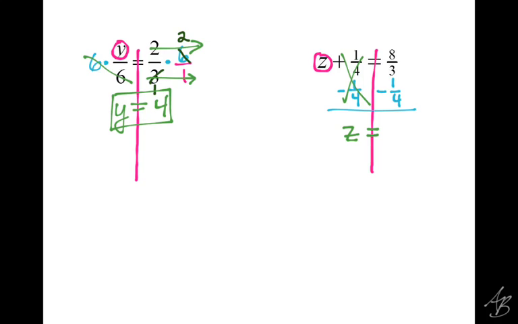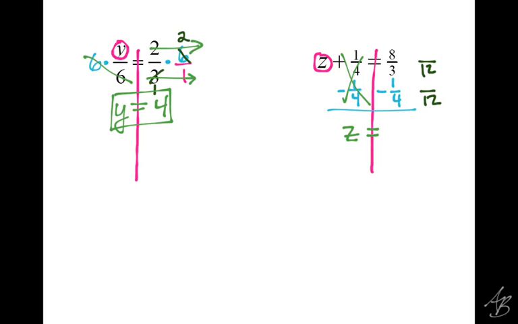On the right side, what do we need to do? We need to get a common denominator. What would our common denominator be here for thirds and fourths? 12. There's nothing smaller than 12 that 3 and 4 both go into, is there? No. So we're going to change them both to something over 12.